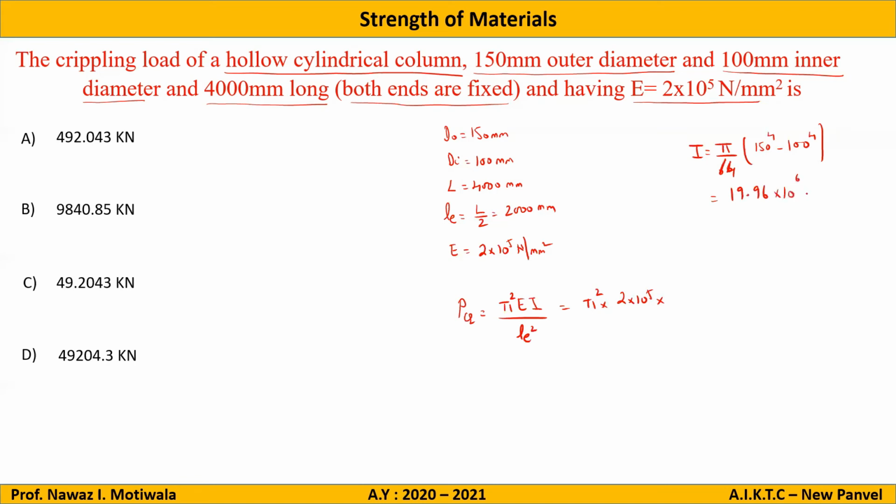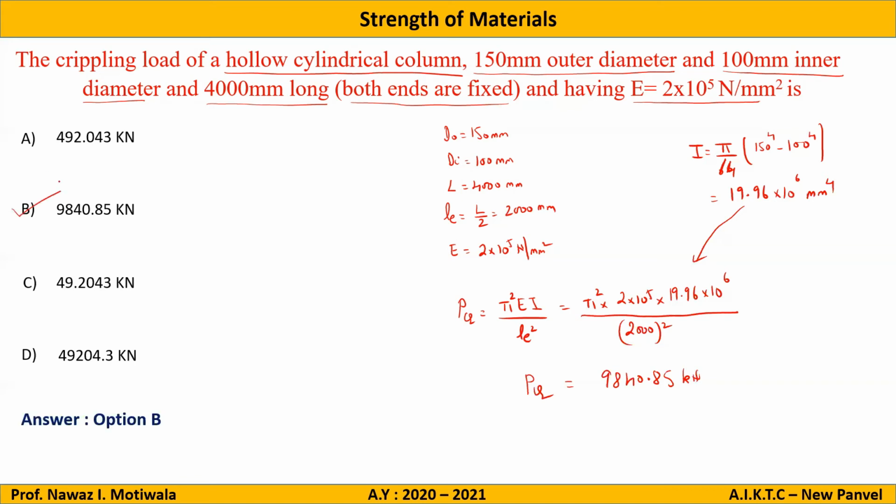We have seen this in the previous module. So I is 19.96 into 10 raised to 6 mm raised to 4. I will substitute this here, divided by Le square. Le we have just found out is 2000, so 2000 square. Just solve the entire right hand side and I will get the answer as 89840.85 kilonewton. So the answer is PCR is 89840, which is option number B. This is the correct option.